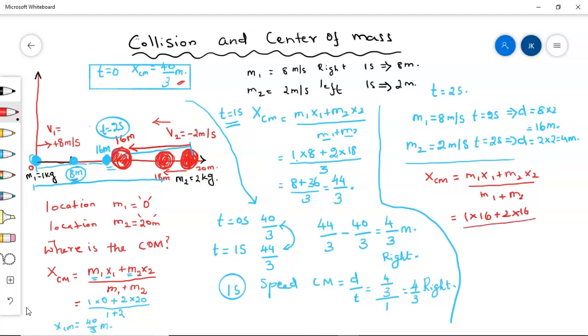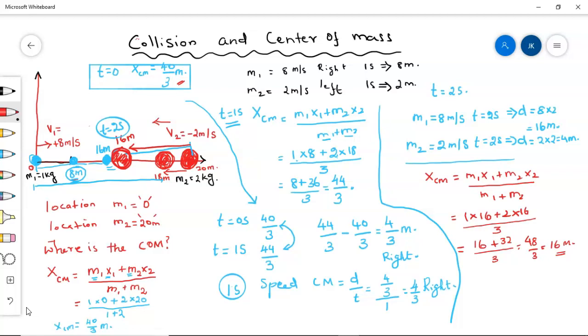Here mass 1 plus mass 2, the total mass, is 3. So here is 16, here is 32, divided by 3. So 48 divided by 3 is equal to 16 meters. So our assumption is correct.